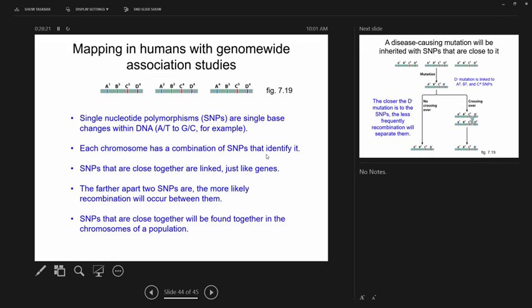So a single base change is like, the normal genome has an A and I have a T, or the normal genome has a G and you have a C at that spot, right? So you get a family who has genetic disease, and you know sort of where it is, or even if you don't, you can just sequence these individuals and find out what their polymorphism status is.